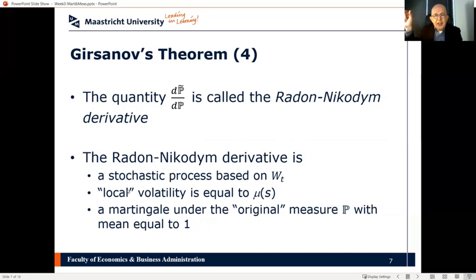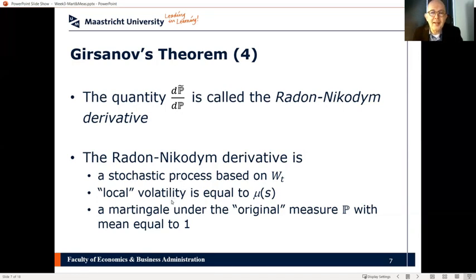It has for each time step a local volatility equal to this change of drift mu of s. The Radon-Nikodym derivative is always a martingale under the original probability measure P with a mean equal to 1, and it is a strictly positive stochastic process.